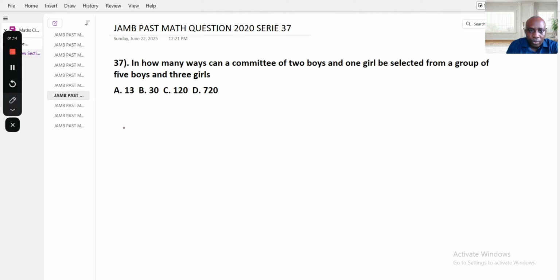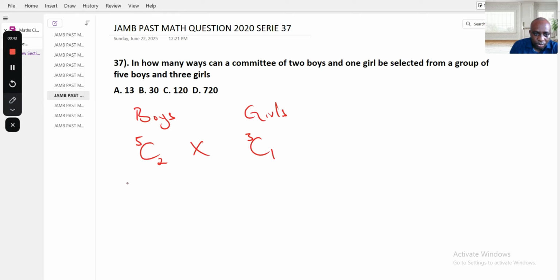The group of boys is 5, and we want to select 2 boys, multiplied by girls. What is the group of the girls? 3. We put the group at the top. How many girls do we want to select? Just 1.